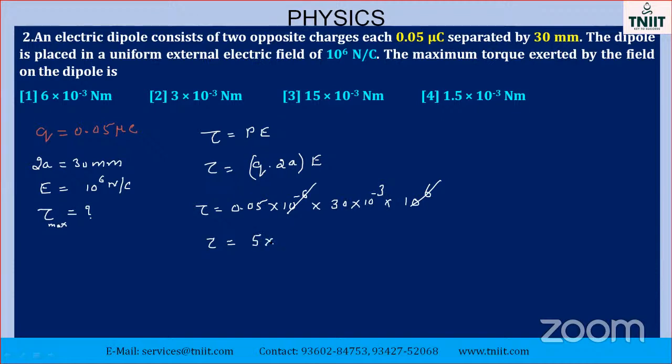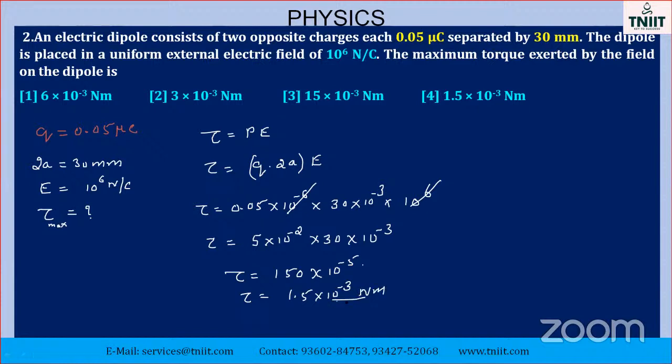This 0.05 can be taken as 5 into 10 power minus 2, into 30 into 10 power minus 3. So 5 into 30 is 150. 150 into 10 power minus 5. So this can be taken as 1.5 into 10 power minus 3.